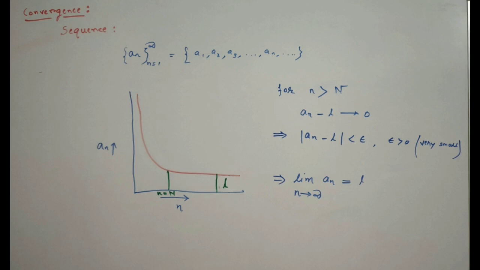So we can write mod of an minus L less than epsilon, where epsilon is a very small number, or we can say that limit of an as n tends to infinity equals L.